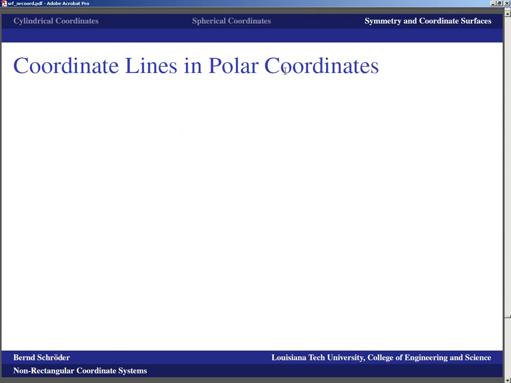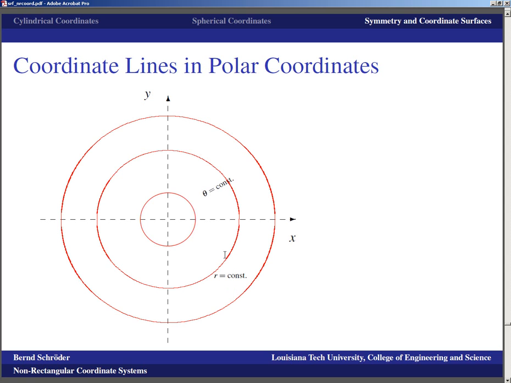If we now go to polar coordinates, the coordinate lines r equals constant are concentric circles around the origin. We also have coordinate lines theta equals constant, and theta is a bearing, which means that theta equals constant.